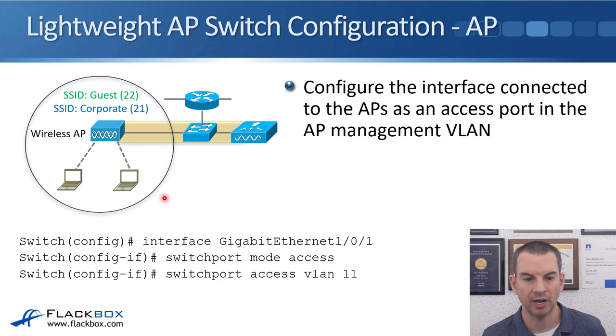So now all traffic coming from the attached wireless clients, no matter what wireless LAN they're in, is going to be sent up to the switch in that one VLAN, and it will then go to the wireless LAN controller from there. When the traffic is sent up to the wireless LAN controller, it does include information about what wireless LAN it is in. So because of that, when the wireless LAN controller sends the traffic back to the switch again, it knows what VLAN to tag it with.